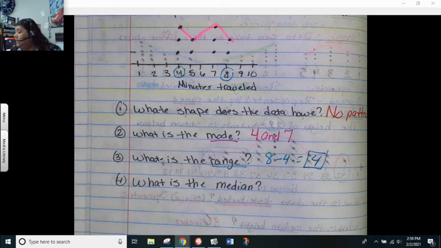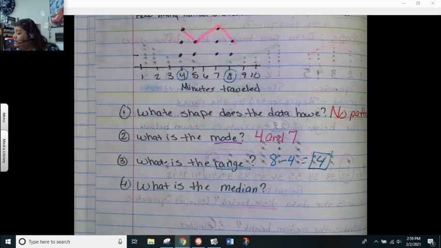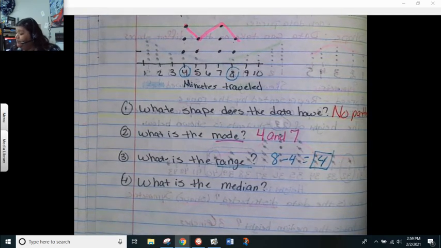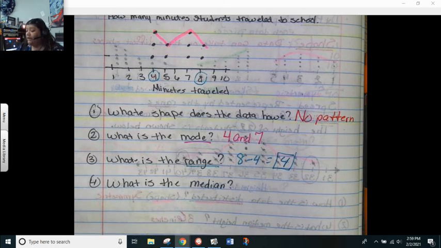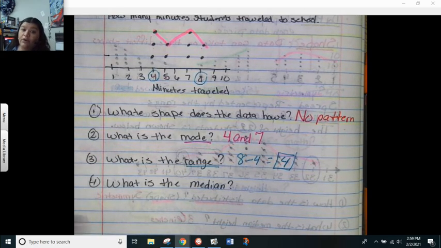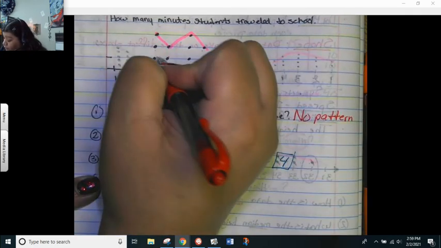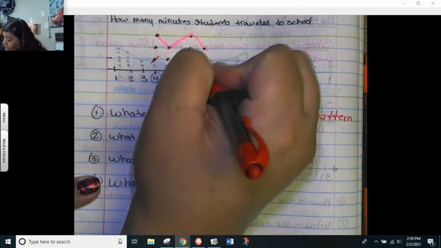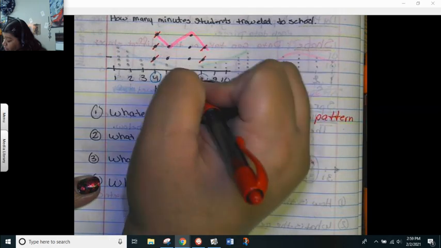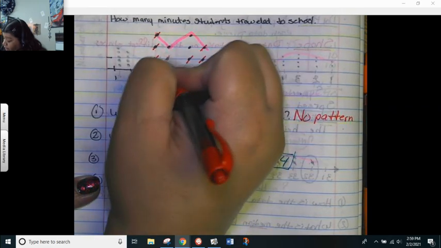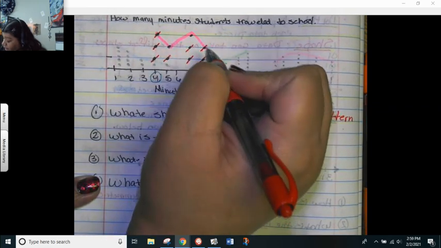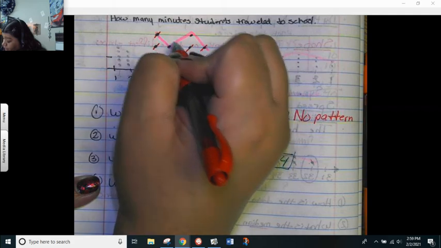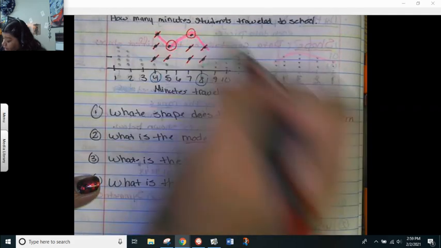And the median, I'll do it in red. It has no pattern, no shape, so I'm going to have to definitely cross out dots here. So 1 from the 4, 1 from the 8, 4, 8, 4, 7, 5, 7. I have 2 numbers, a 5 and a 7.